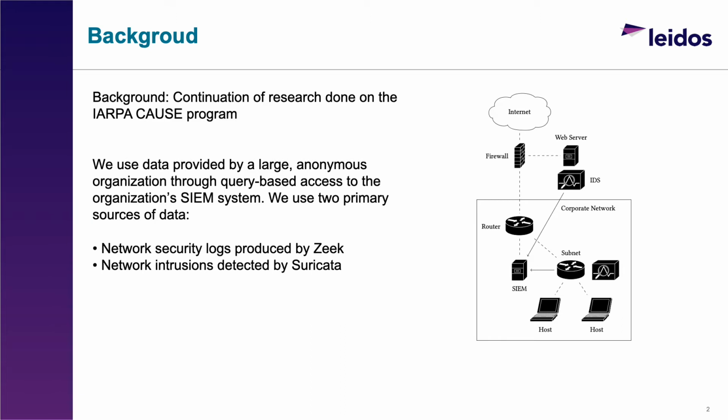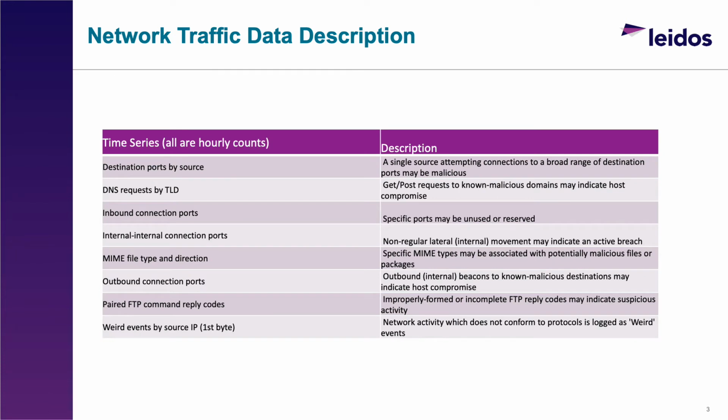One was the network security logs produced by Zeek, previously called Bro, an open source network security platform that transforms the network traffic into high level events, and network intrusions detected by the IDS system Suricata.